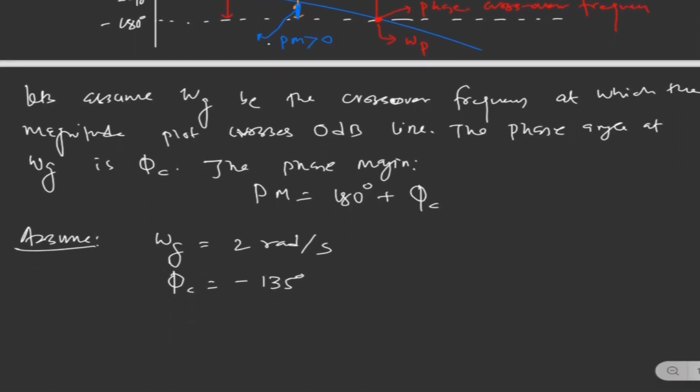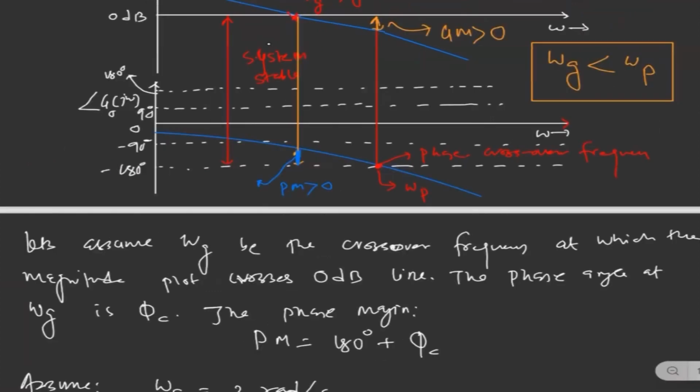Then the phase margin, as per the formula we derived before, is 180 degree plus phi c, so 180 degree minus 135 degree, which is 45 degree. This is how we can calculate the phase margin from the frequency response. Now let's look at how we can find the gain margin.